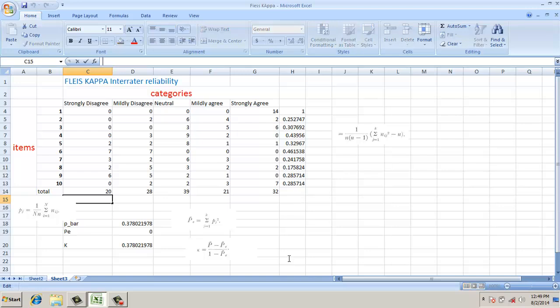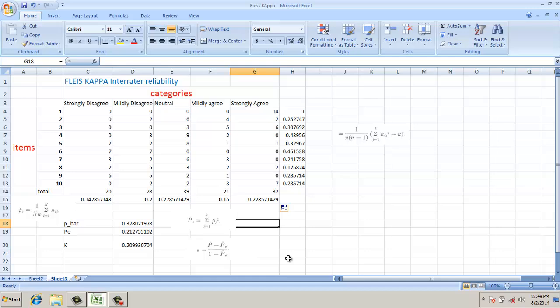So here what we do is calculate the total number of scores on that particular category divided by the number of items, that is 10, and the number of raters, that is 14. Then we drag it for all the categories. Now I have two things, that is the agreement of each category and the agreement of each item.